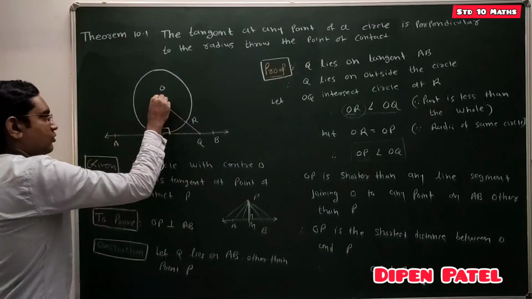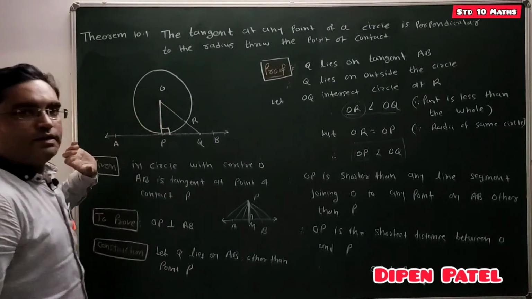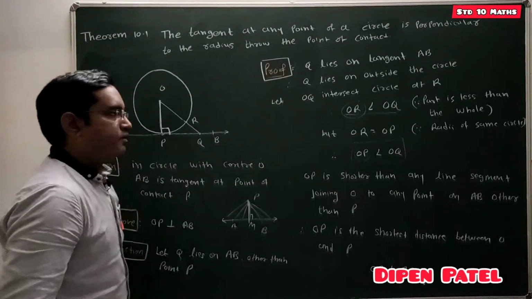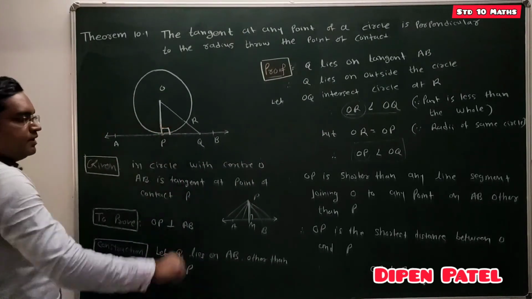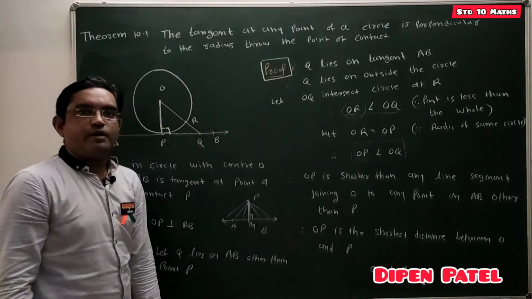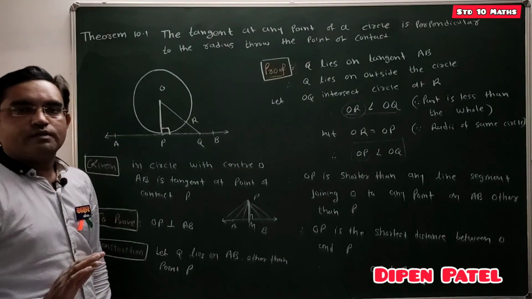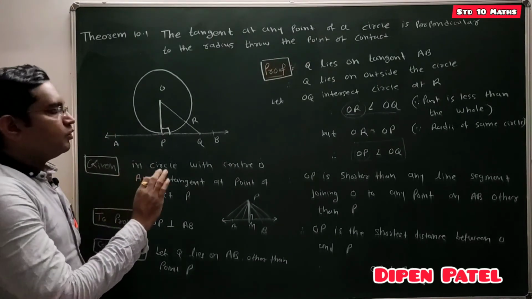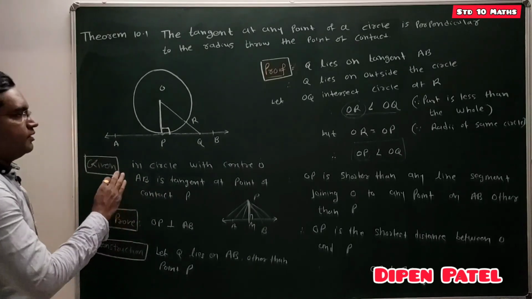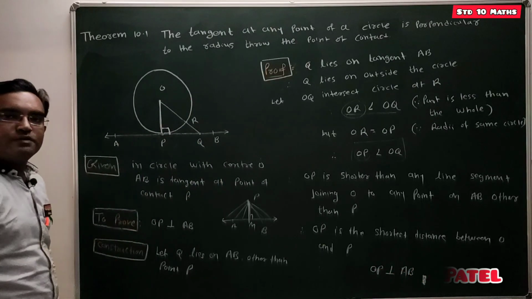OP is the shortest distance, and the shortest distance from a point to a line is always perpendicular. Shortest distance concept. So it will always be perpendicular to the line, and therefore we can say that OP is perpendicular to AB. No mathematical calculation is there. It's a purely logical proof. Done? So you have to prove this theorem by using these statements. Clear, students? So pause the video and note it.